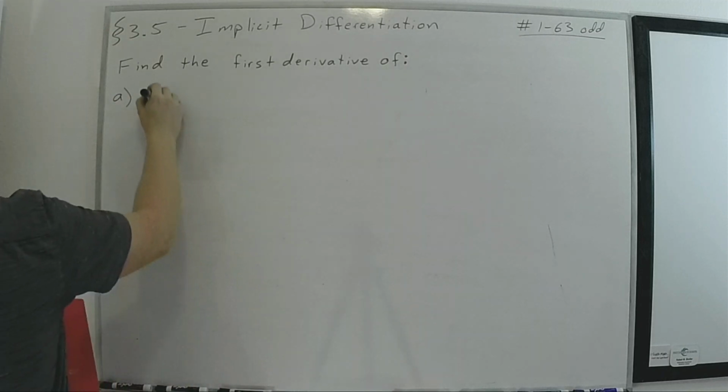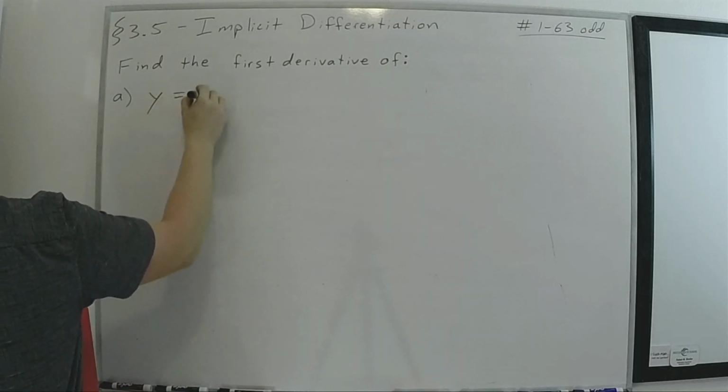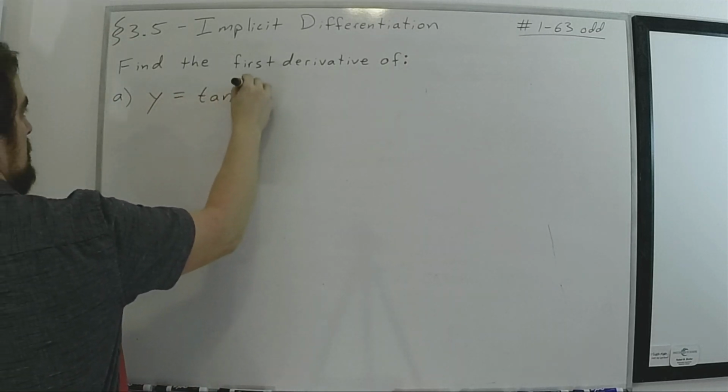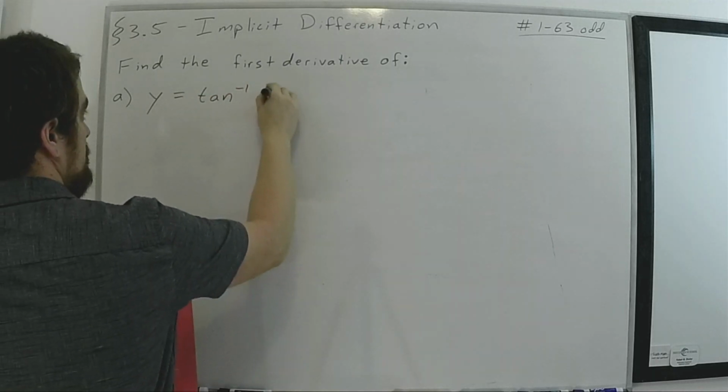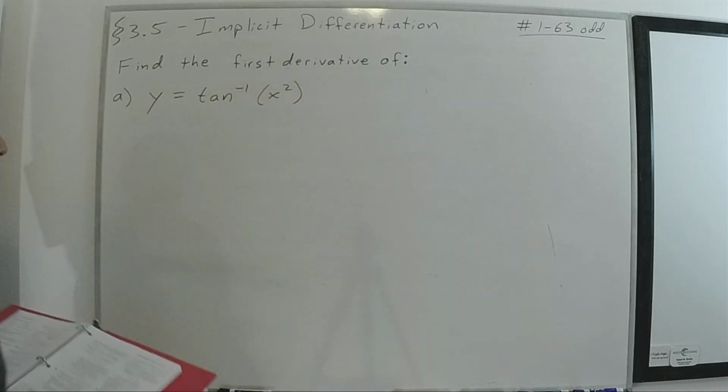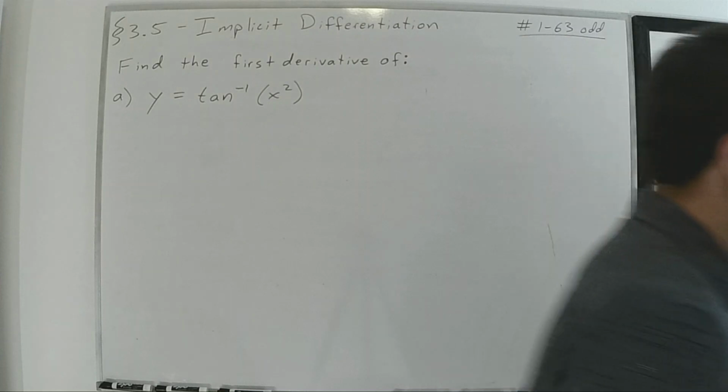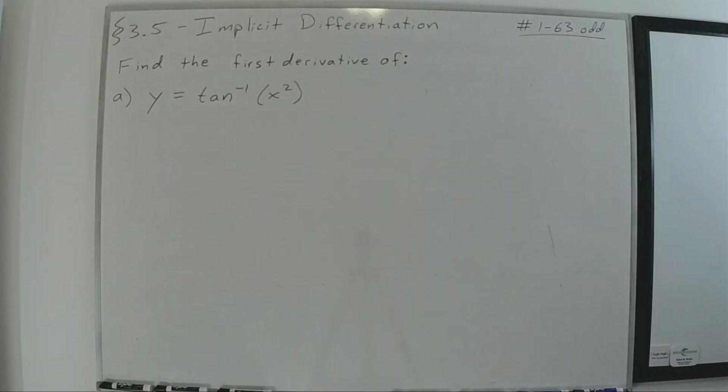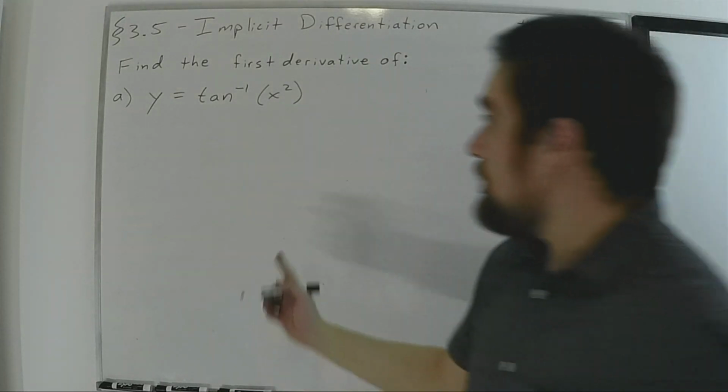Y equals tangent inverse of x squared. Aha, now that's not just tangent inverse of x, that's tangent inverse of x squared.